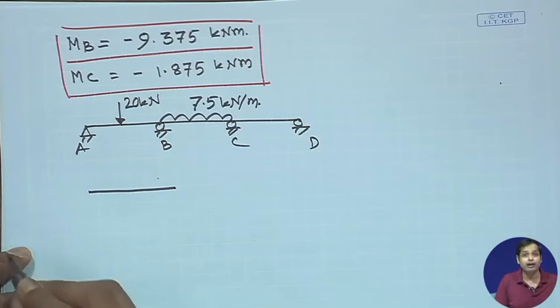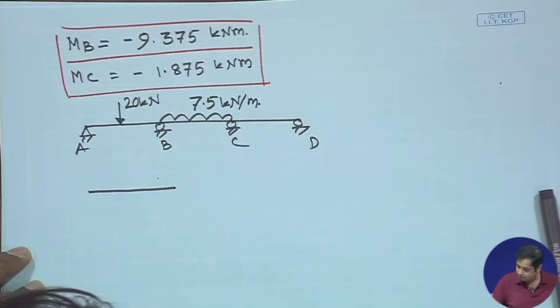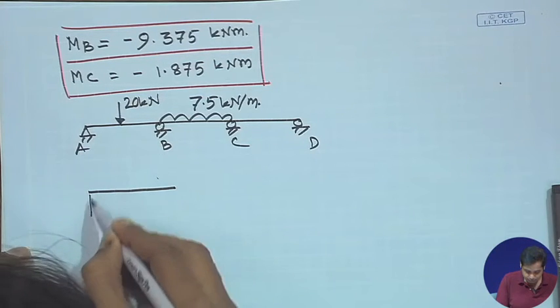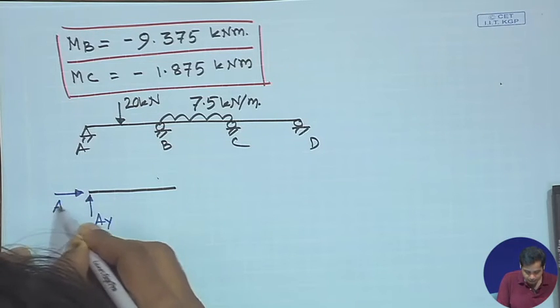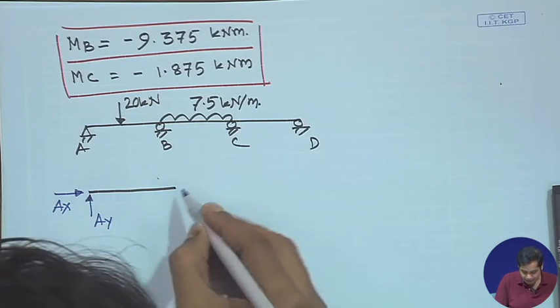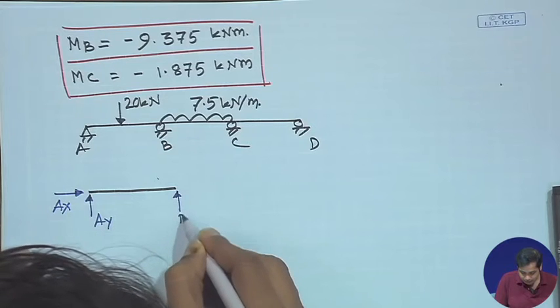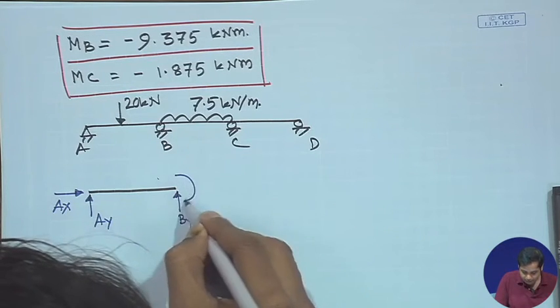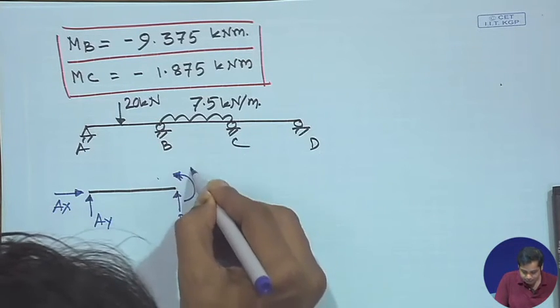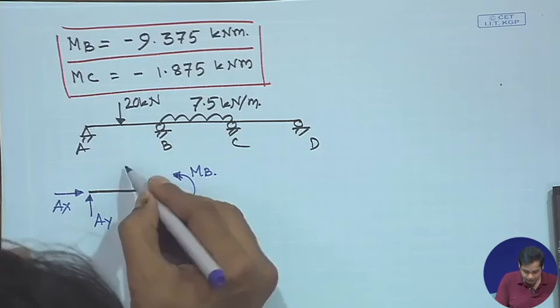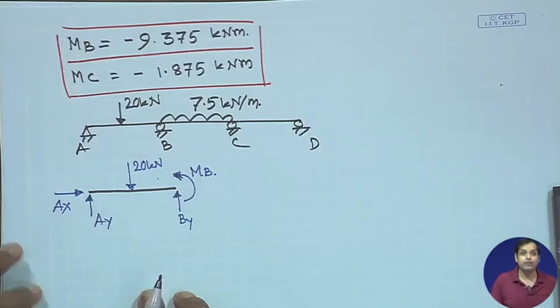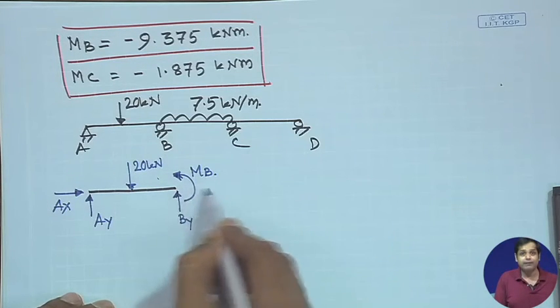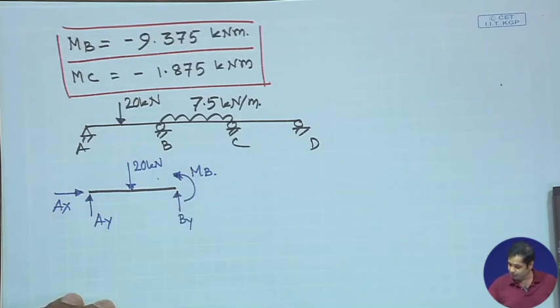If we draw it, then these will be the reactions: AY, AX, and then BY and moment MB and the concentrated load 20 kilonewton. I am not writing Fx here because we assume that there is no axial deformation.